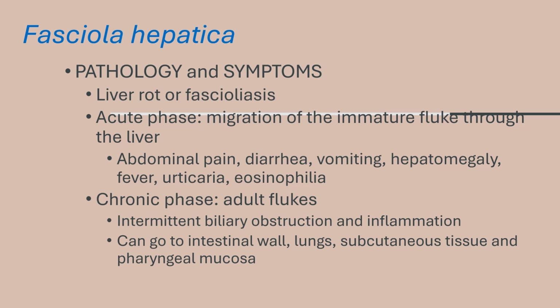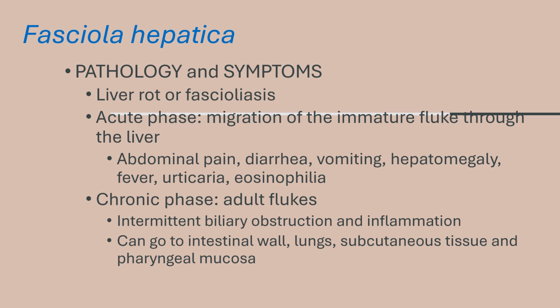Let's take a look at the acute phase. During the acute phase, the immature fluke migrates through the liver. You have abdominal pain, diarrhea, vomiting, hepatomegaly, fever, urticaria, and eosinophilia.